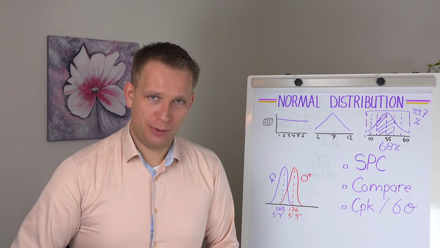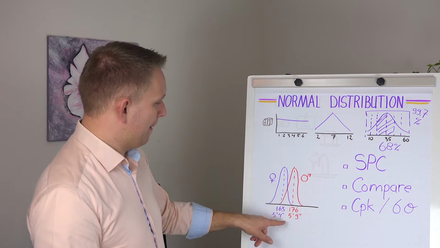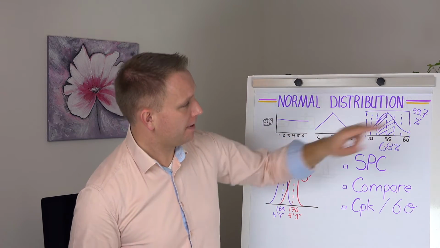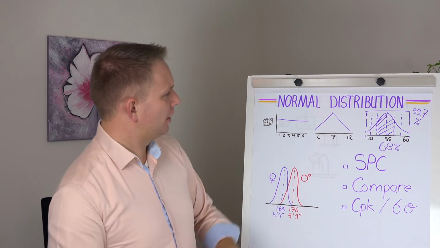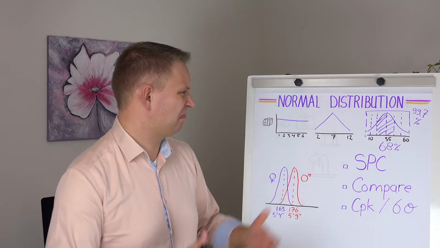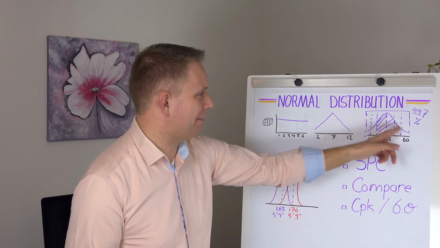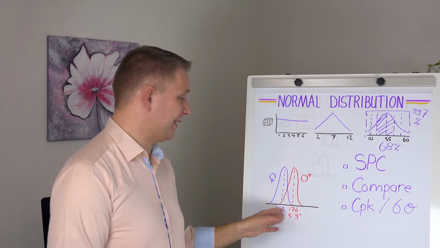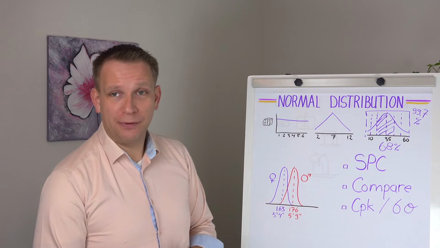Now, statistical process control will say, okay, 176, the sigma level is 7. So there is about 86% of stuff happening between plus and minus 7. So between 169 and 183.